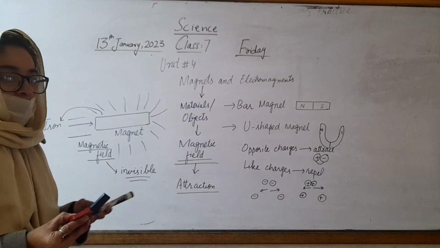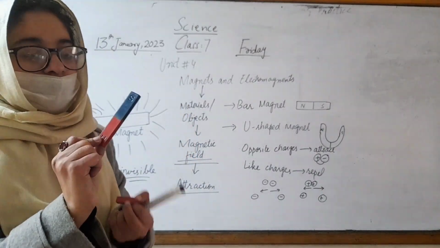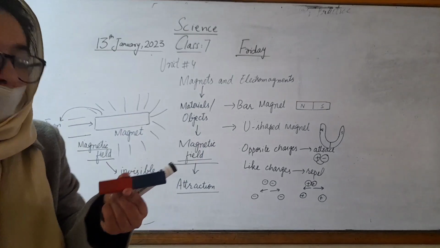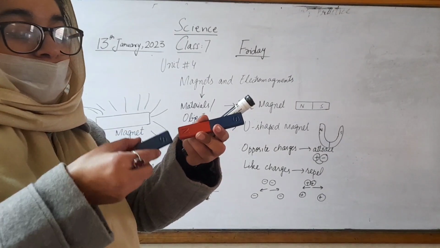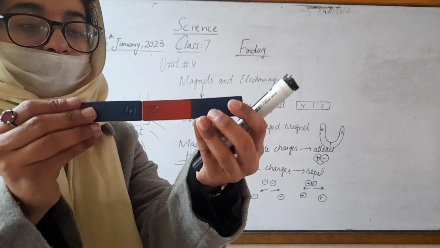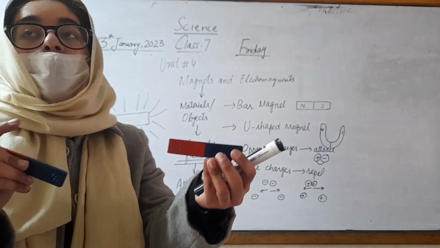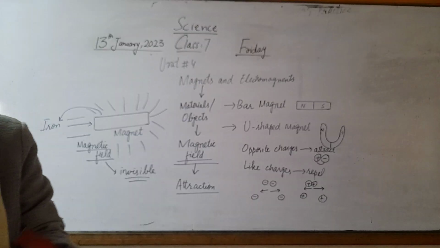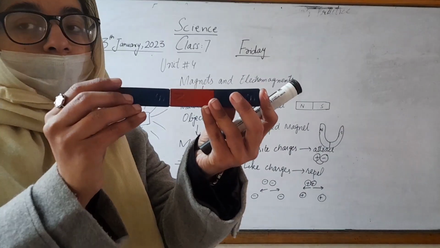You can observe from the poles, north having mostly positive charge and south having negative charge. When we place two bar magnets close with different poles, having different charge, you can feel the force of attraction. Magnet has a force of attraction known as magnetic field. It's a north, it's a south. When I place north and south close, it will attract.